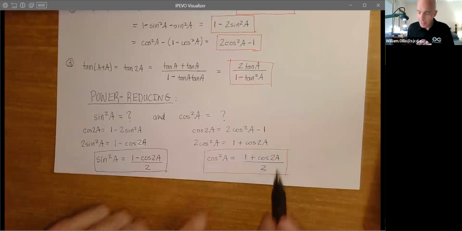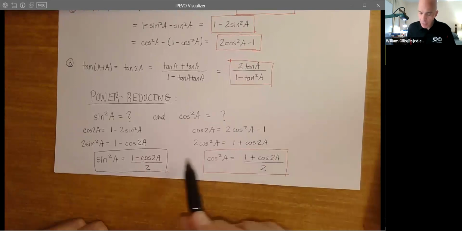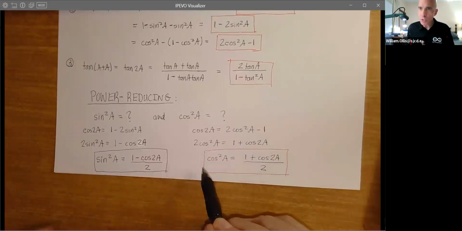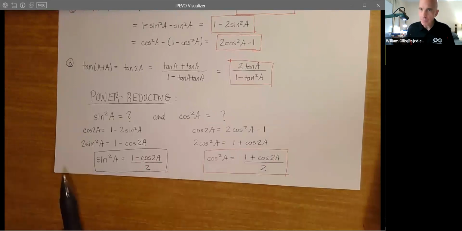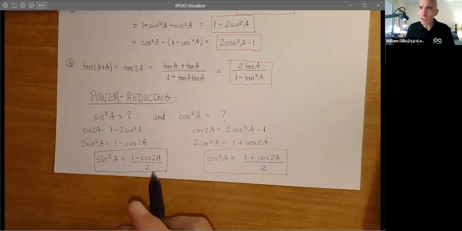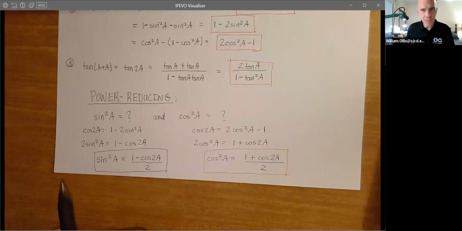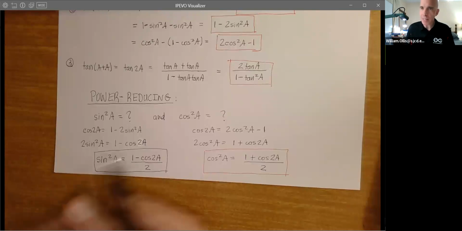So the main thing here is that we have formulas that reduce the power of the sine and the cosine. Now, you might think, is this any good? Well, I'm here to tell you it's very good. It gives you many good uses in calculus. And also, not so much in solving equations, but definitely in doing trig integrals and in Fourier analysis.